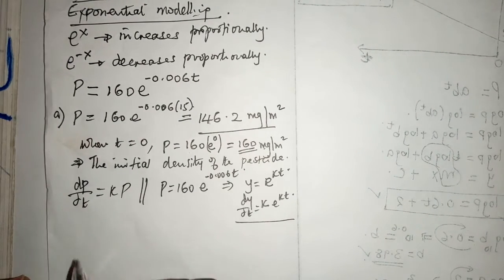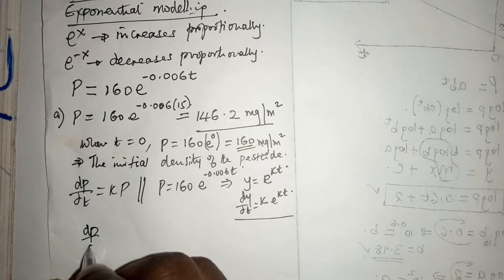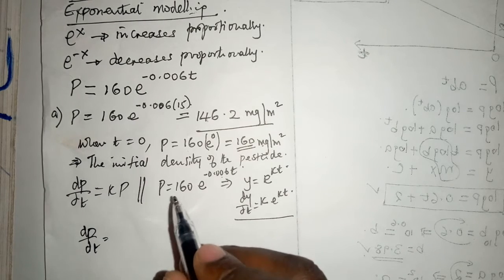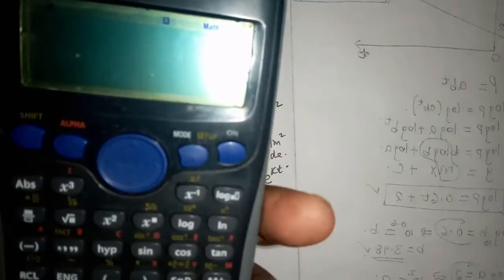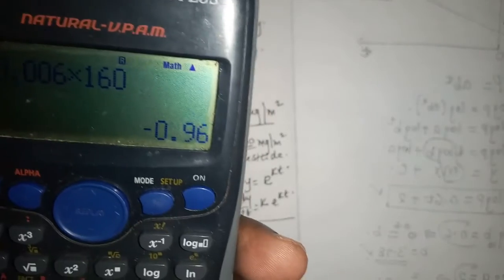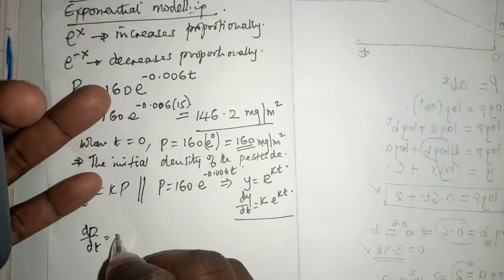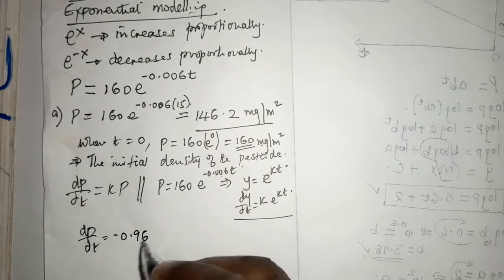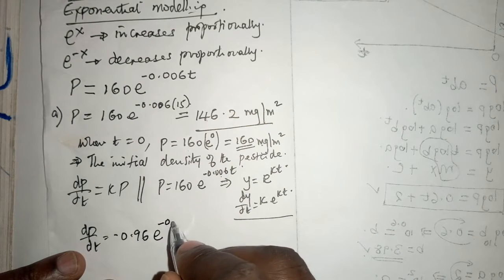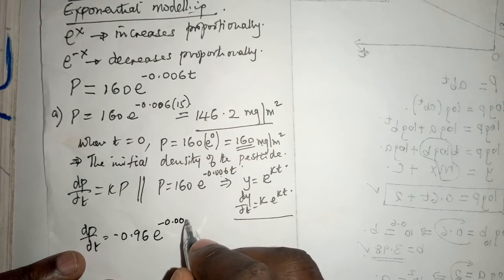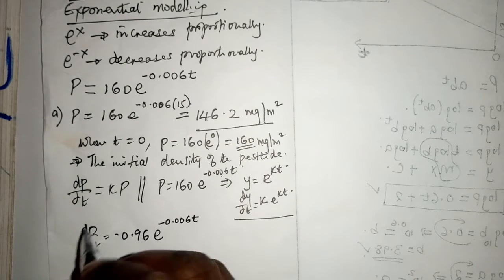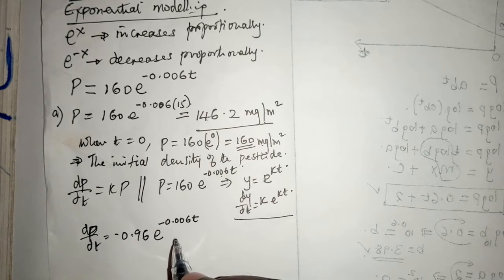So therefore, dp/dt is simply our k multiplied by 160. Negative 0.006 times 160 becomes negative 0.96, and then the same expression of e raised to power negative 0.006 t, and that is our differential of population with respect to time.